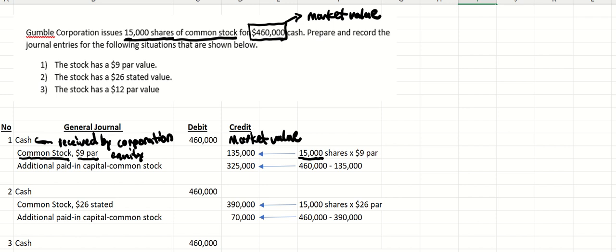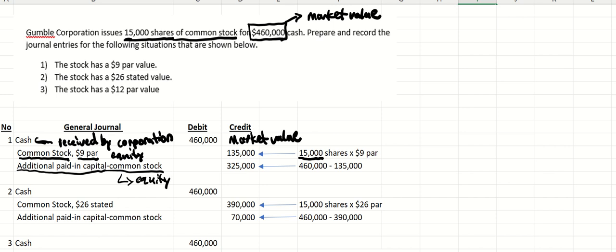So you notice it's $135,000, but the cash that was received was $460,000. That lets you know that a lot more was paid to receive that common stock, which means that the difference or the additional amount is going to go towards what is called additional paid in capital common stock. This is also an equity account.